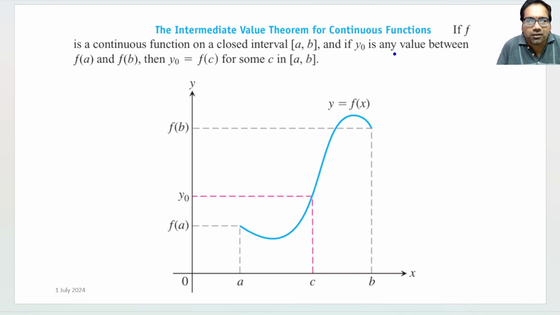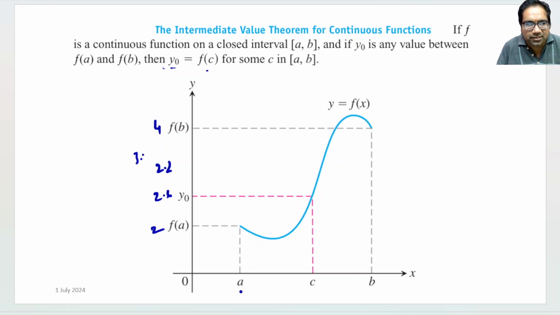Now, if y0 is any value between f(a) and f(b), there is a y0 which is between this and this. Let's say, for example, this is 2 and this is 4, and y0 can be 2.2, 2.6, 3.9, whatever. Then y0 equals f(c) for some c in [a, b].